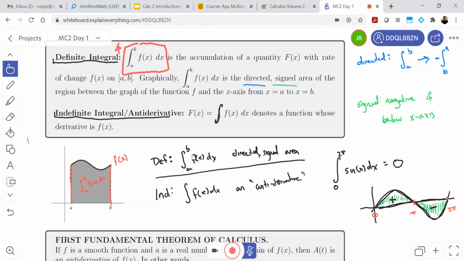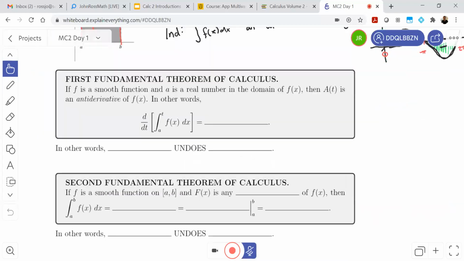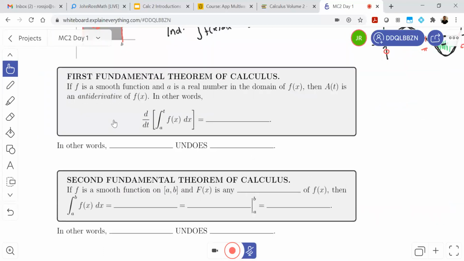So that's extremely weird, and extremely confusing, that we're using such identical notation to describe two different objects. And the reason that we use this is because those two different objects are secretly deeply connected, and in fact, two different aspects of the same idea. And that is what's given to us in the fundamental theorem.